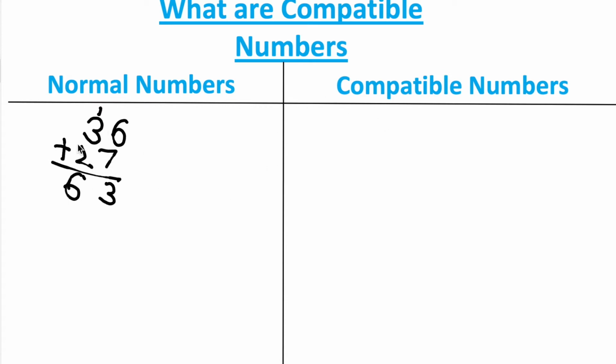So basically, in order to make these two numbers compatible numbers, we need to find numbers like 15, 20, 25, 35, 40, 45, and ones that have 0 or 5 at the end of them.